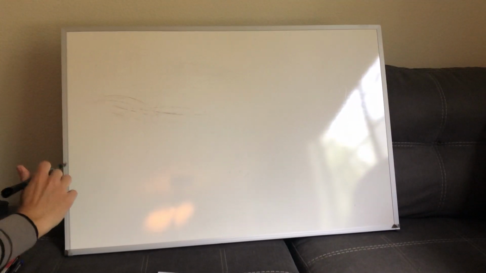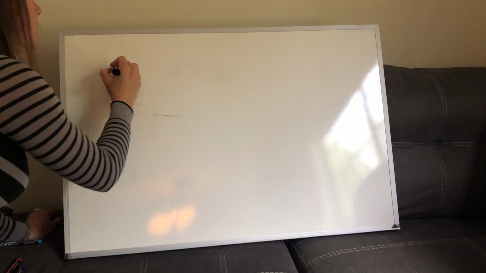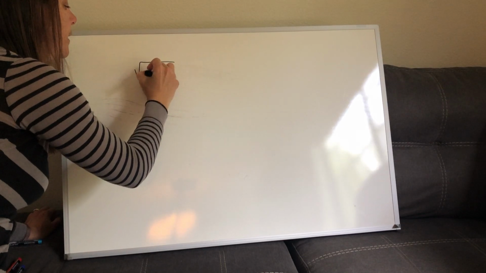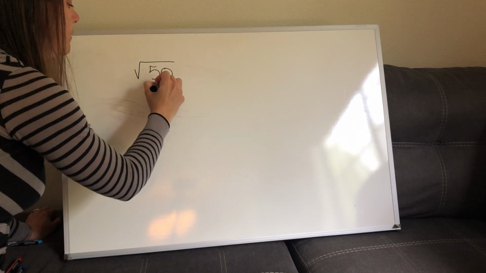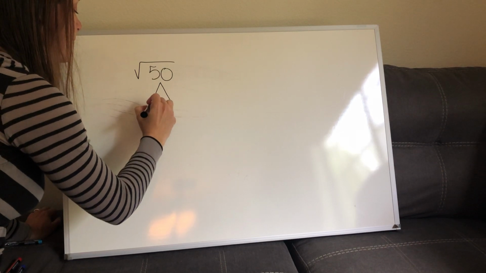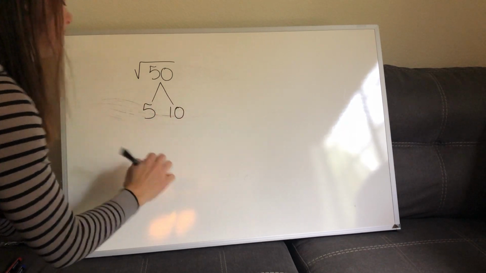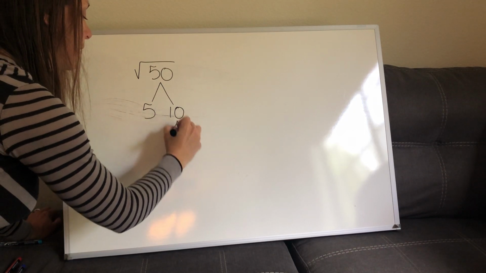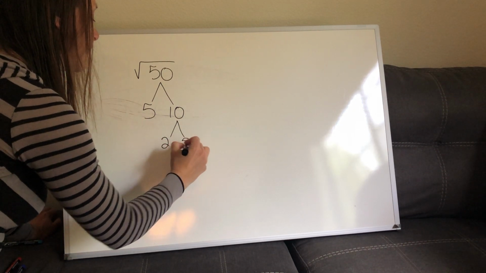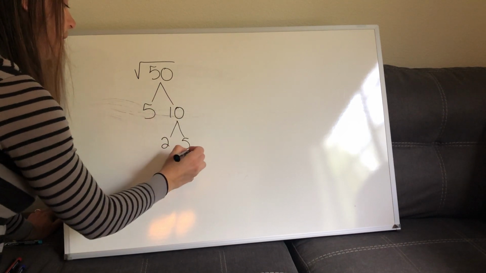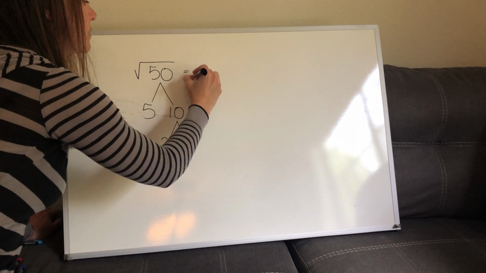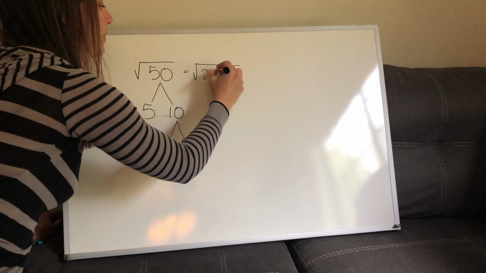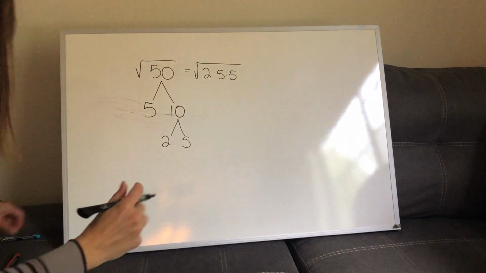Okay, let's try a few more examples. Square root of 50. All right, well, I could break this down a few ways, but I think I'll break it down to 5 times 10. 5 is a prime, it doesn't break down anymore. 10 is 2 times 5, okay, so now I'm down to my primes, so again this would look like 2 times 5 times 5.